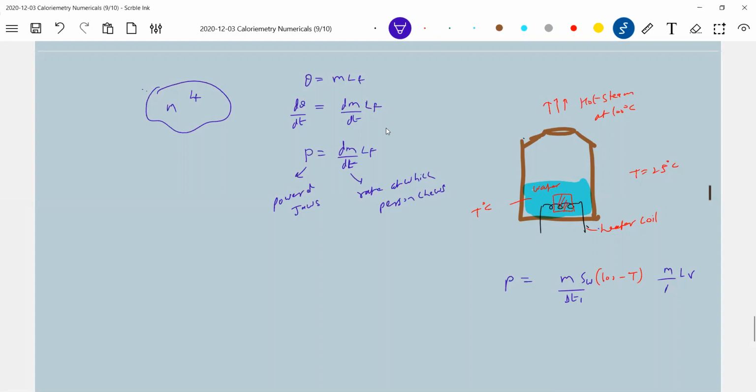The same m grams, and to convert that water at 100 degrees into steam at 100 degrees Celsius, vapor, it will take some time, delta T2. So what is delta T1? The time taken for the temperature of water to change from T degrees Celsius to 100 degrees Celsius.